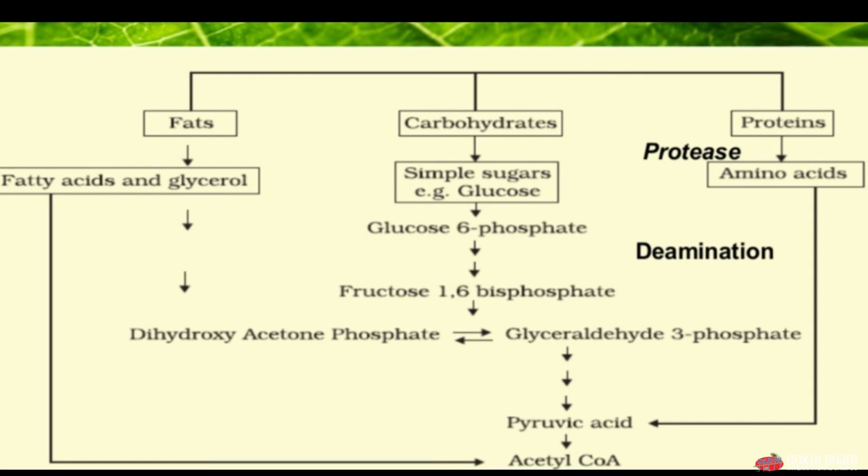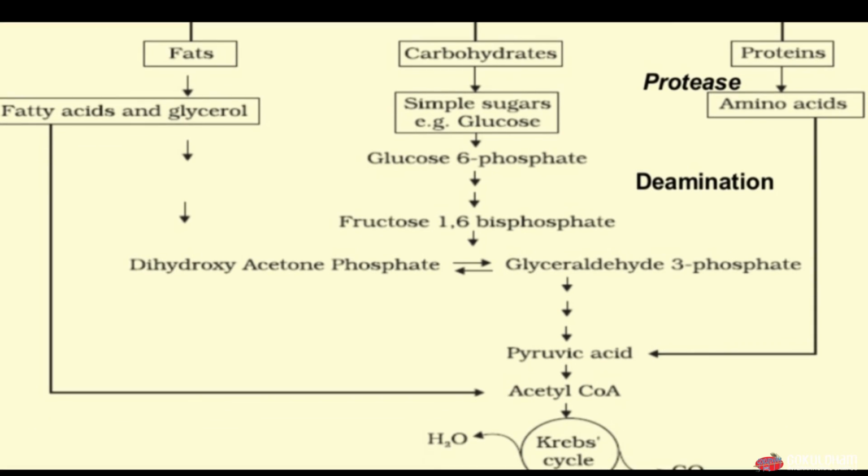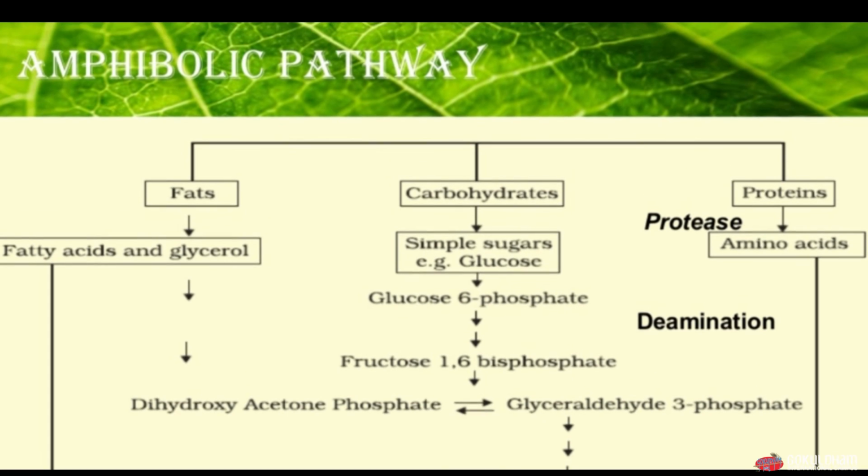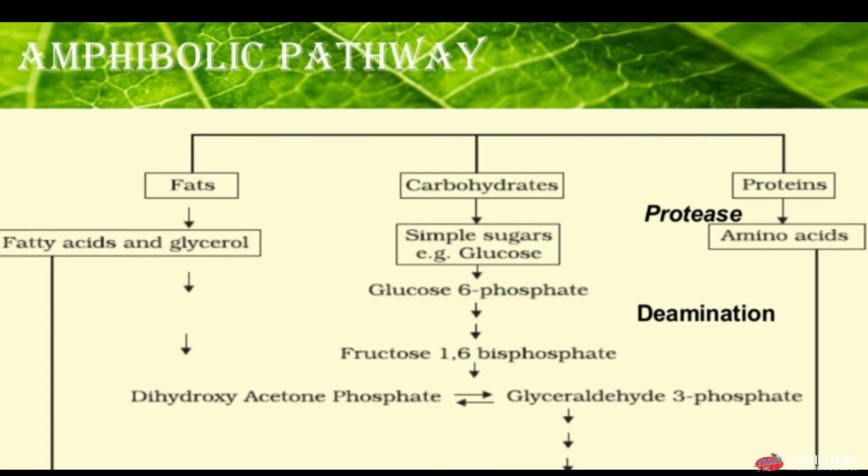Later pyruvic acid is converted into acetyl coenzyme A, which enters the mitochondria for the formation of ATP, and it produces ATP, water, and carbon dioxide. So this is about the amphibolic pathway and respiration of different molecules like fats, carbohydrate, and protein.